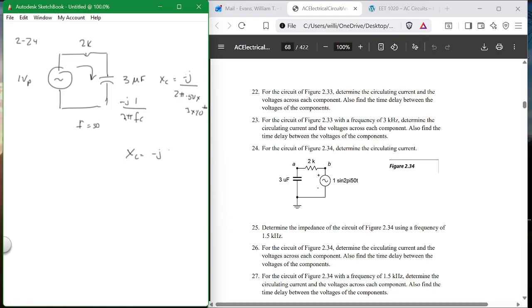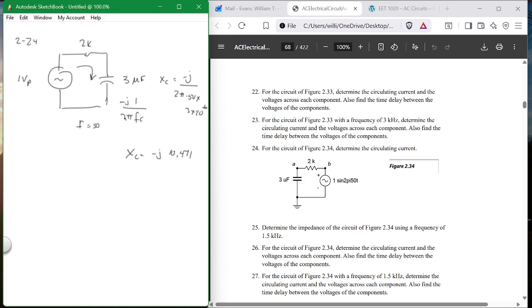Minus j times 10,471. Is that right? Oops, no. 1 divided by... I can't get it.